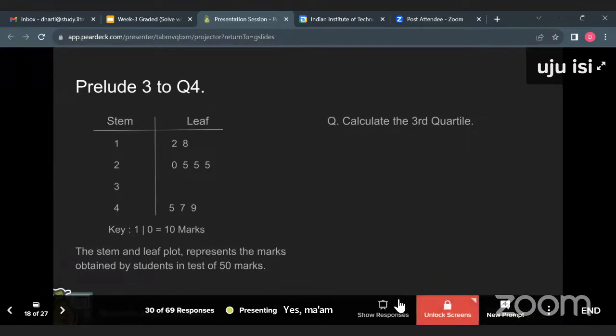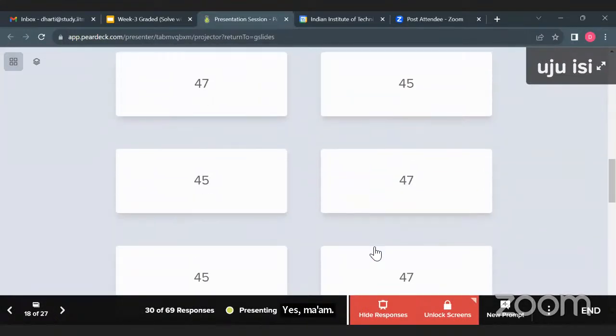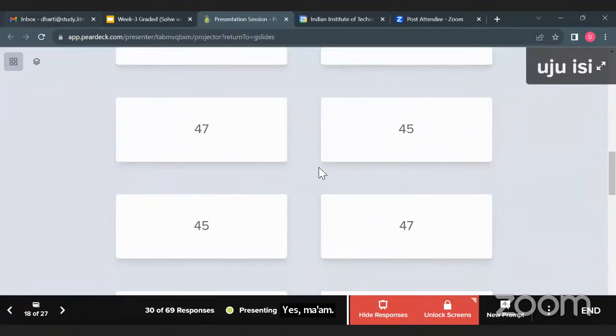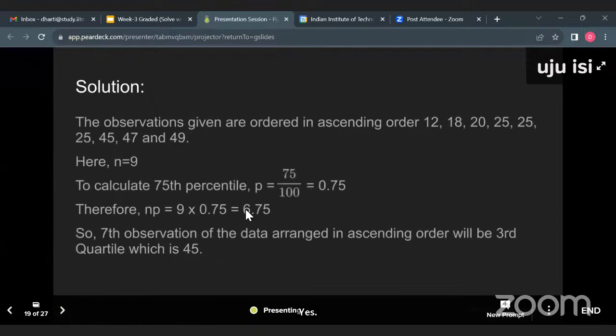Yes, maximum of you are correct. So we have 9 data points, and the 75th percentile we calculate as 75 divided by 100.